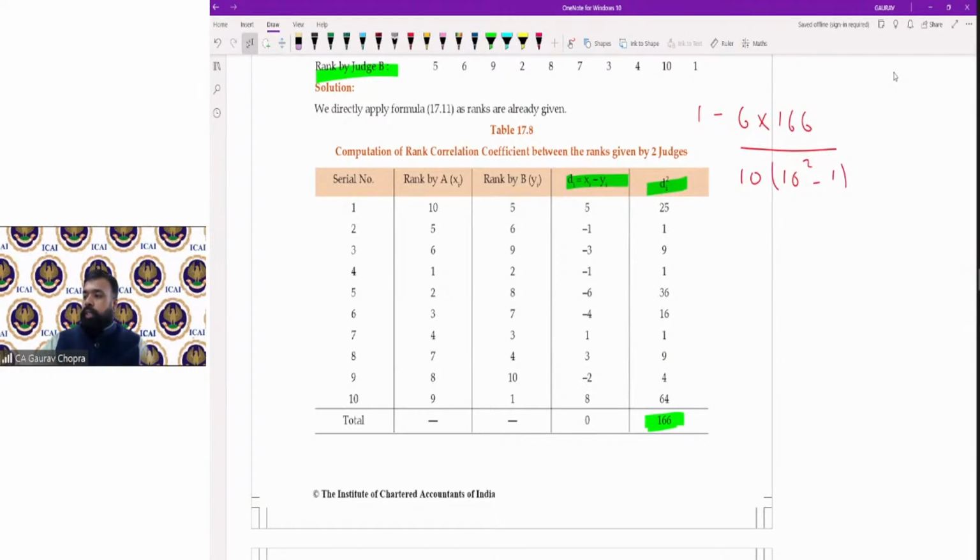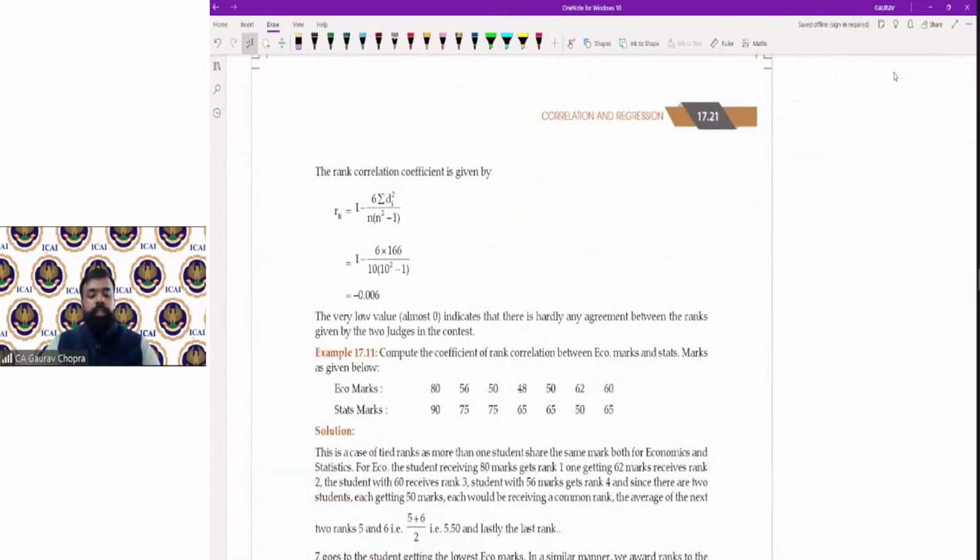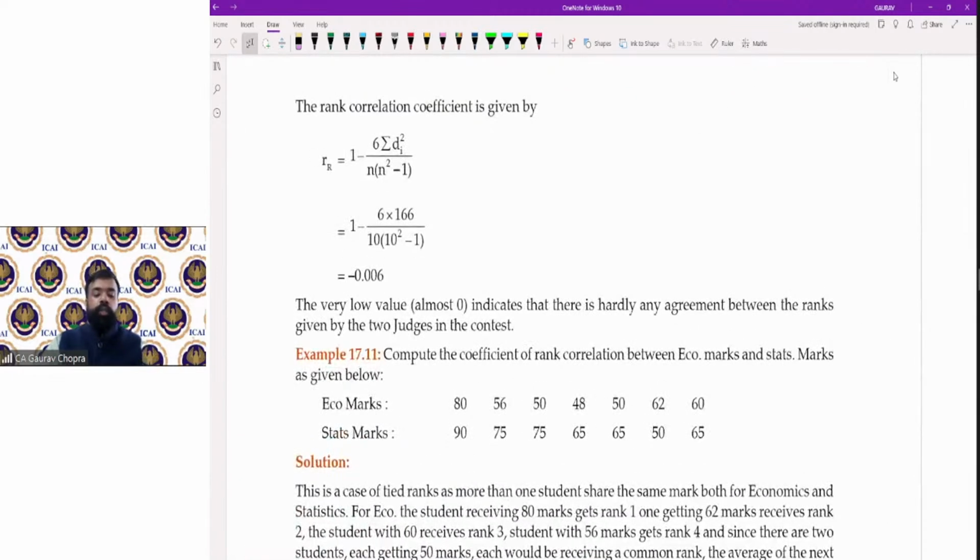Asha Begum says done. Okay. Understood everybody? So what is the final answer? It is negative 0.006. So the value is near to 0, and whenever the value is near to 0, it means correlation has the lowest value. When it is near 0, that means correlation is very very less.